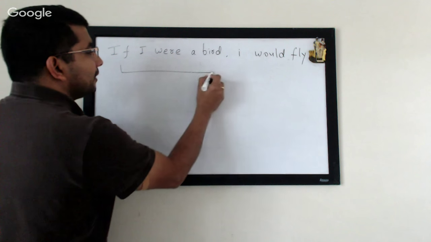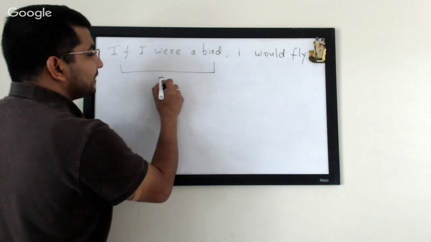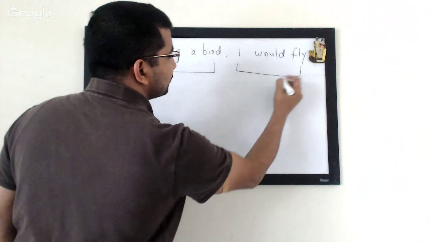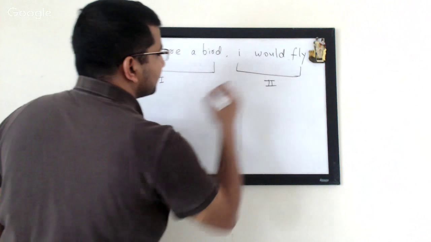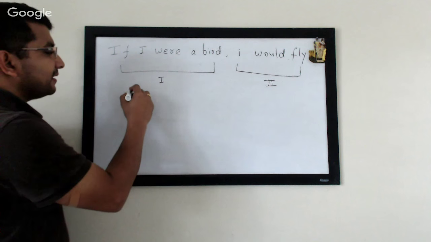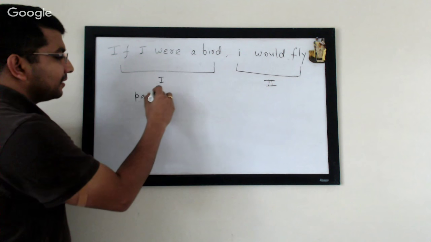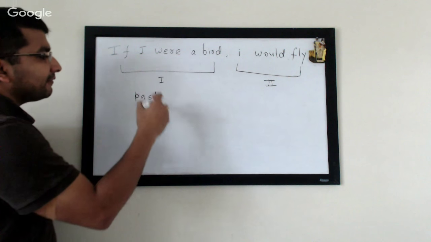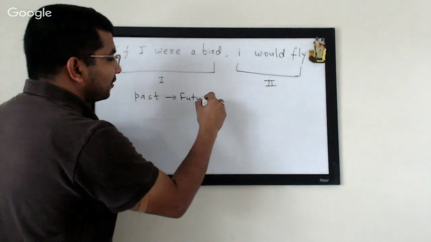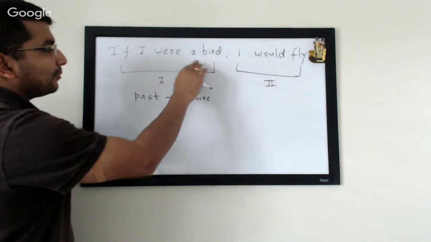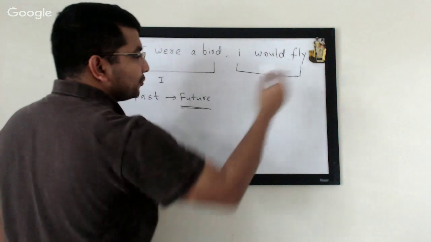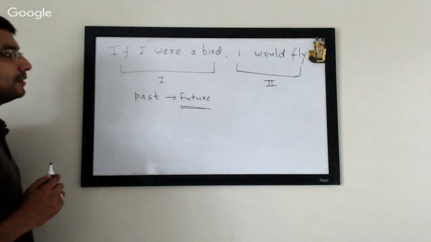If you break it down, this is sentence one, this is sentence two. Simple. Even though you are saying this sentence in the past, it is basically inferring to the future. You're not a bird right now, but you're imagining it. It's reflecting to the future. And what would you do in that situation, right?